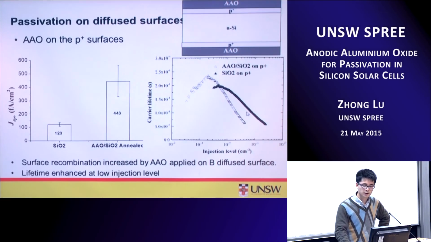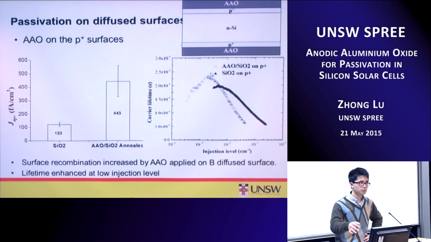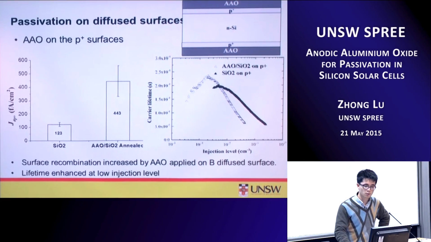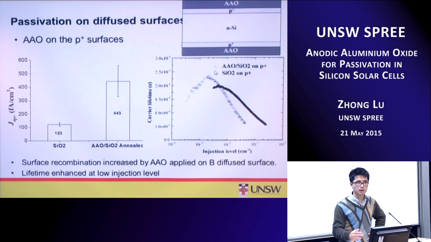So you can see that you have a reduced effective lifetime, due to the wrong charge polarity. But if you look at the low injection level, the bulk lifetime starts to play some part, and you can see that you still have an improvement in the bulk lifetime after anodization. And based on Doris' research, it's probably due to the hydrogen passivation provided by this film.